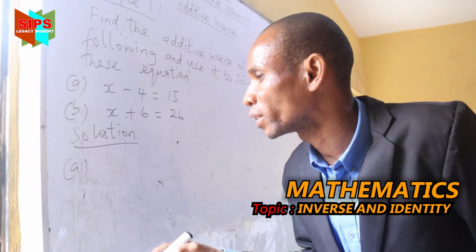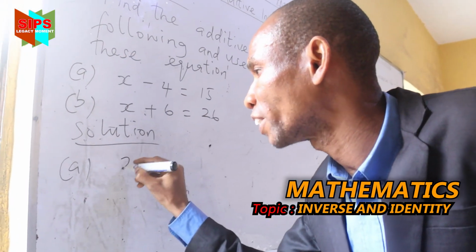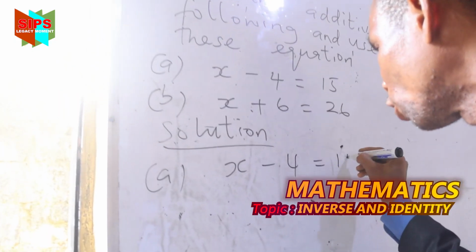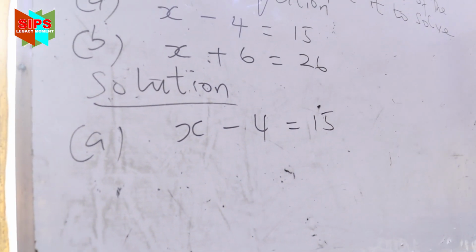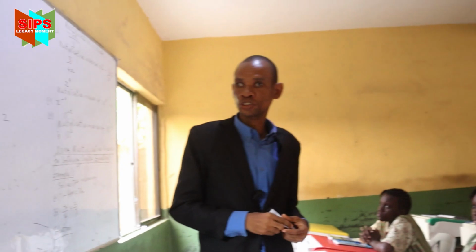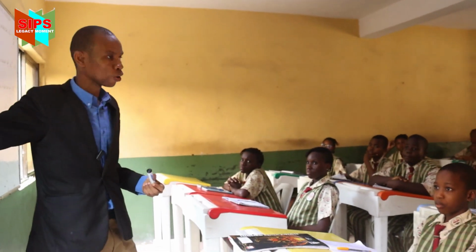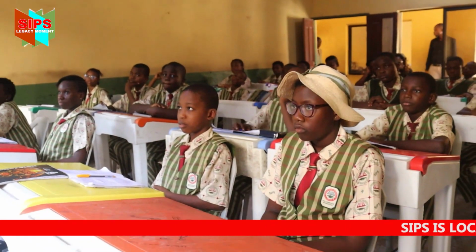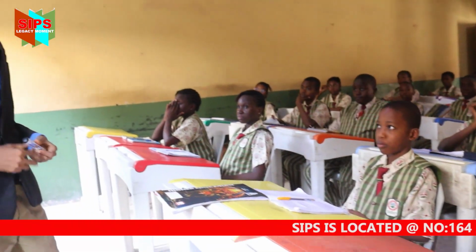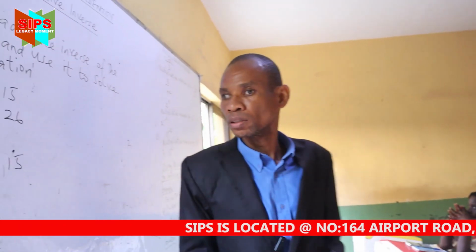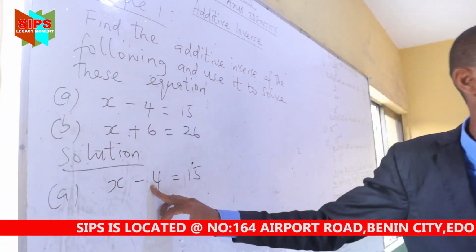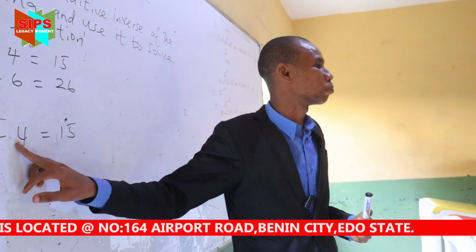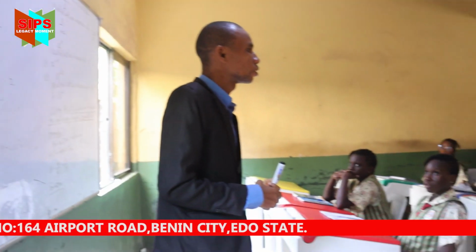Under example 1, under A, I have x minus 4 is equal to 15. The point of focus here is minus 4. So we can say that the additive inverse of minus 4 is plus 4.